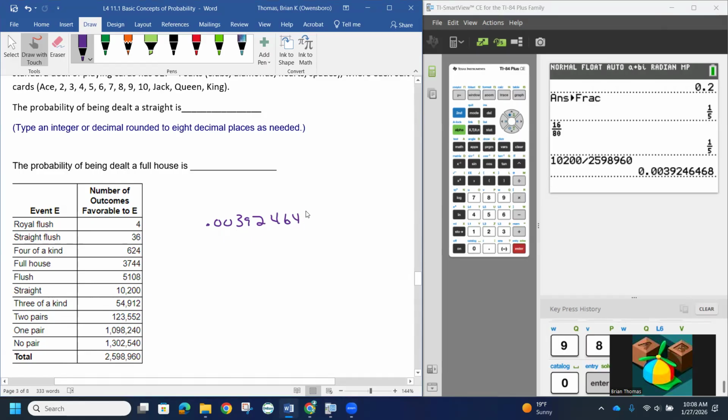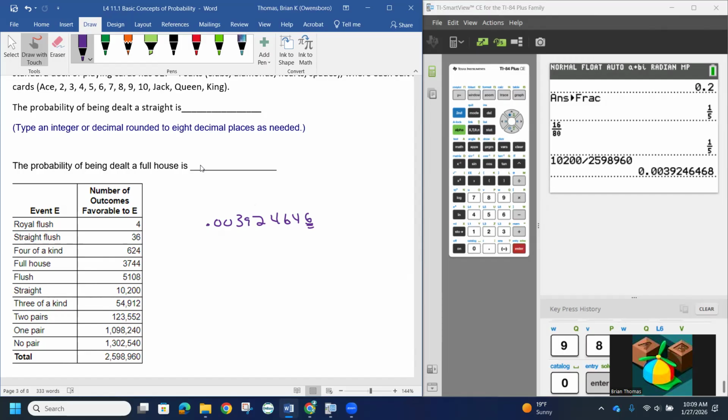There's 8, but I have to go one more decimal place. So 0.0392464, then just a 6. So that ninth decimal place tells me how to round. So if it's 5 or more, we move this up to a 5. If this is 4 or less, we keep it as a 4. We round it back down, if you will. So since this is a 6, this says we're closer to the 5 than we are to the 4.